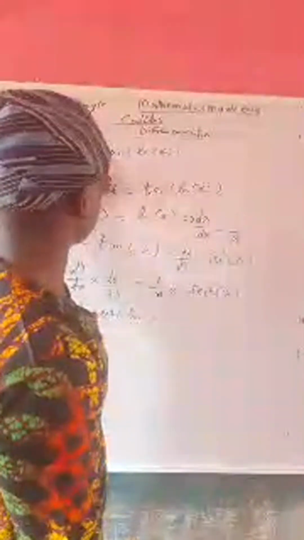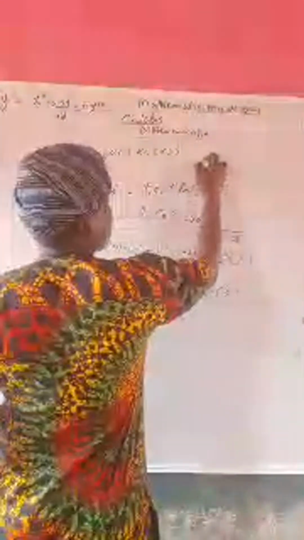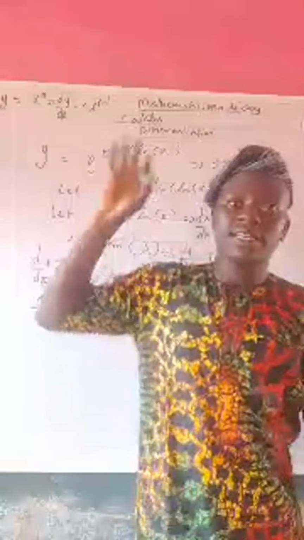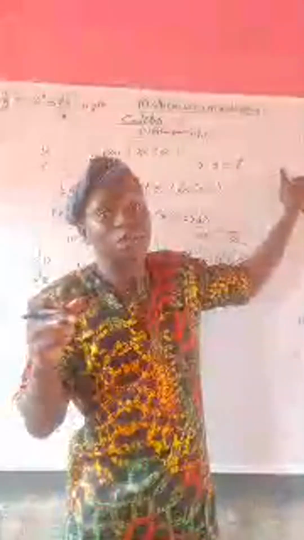But we want to find dy dx, not du dx. So come back here, we said everything right here is u. So we have y equals e raised to the power of u. Remember, if we differentiate exponential of x or exponential of u or any variable, we still get exponential u. The derivative and the integral are the same. It's not changing.